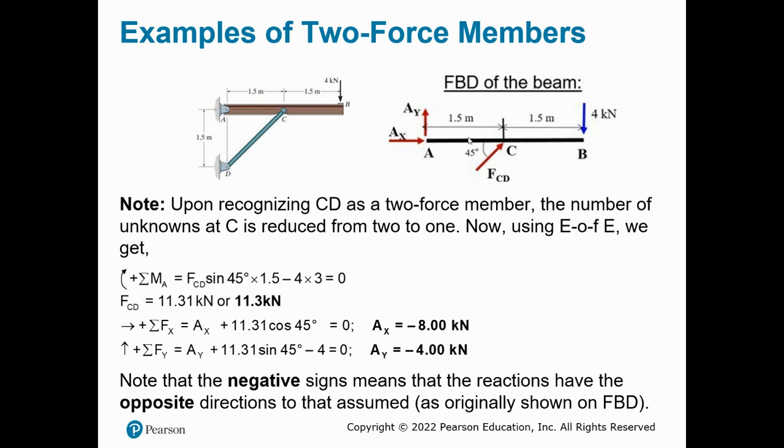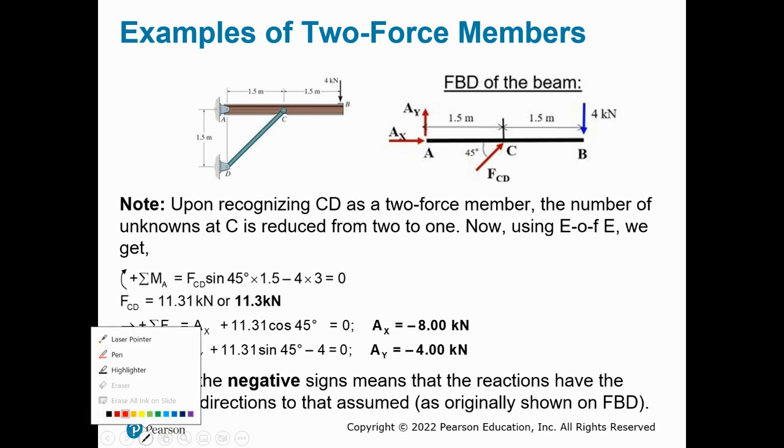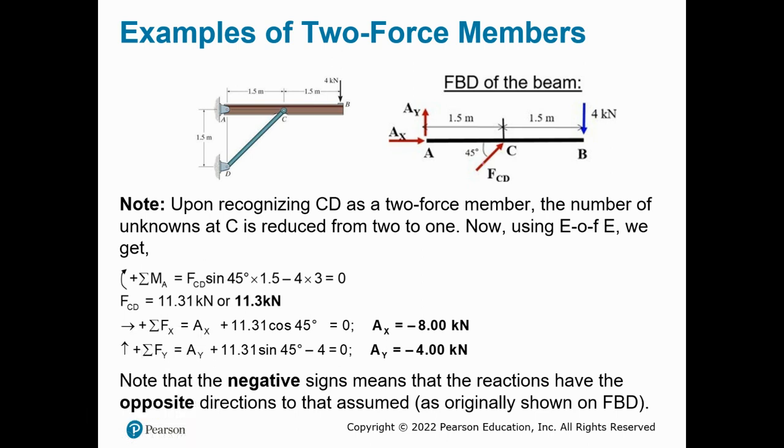Here's our free body diagram for the member AB. At A, you have your AX and AY, the external force coming down, and also you have a support force from FCD.